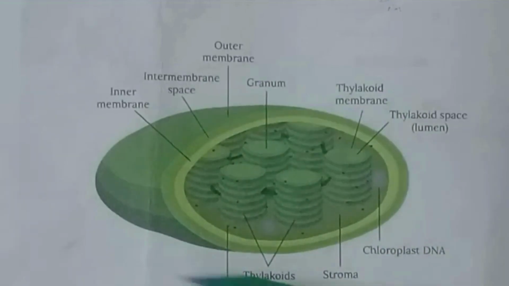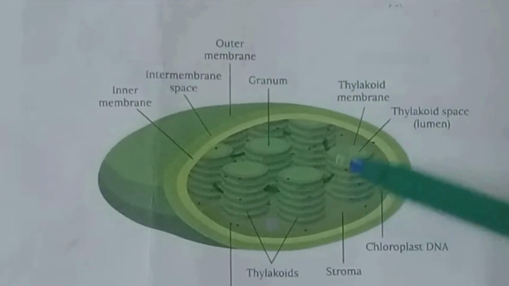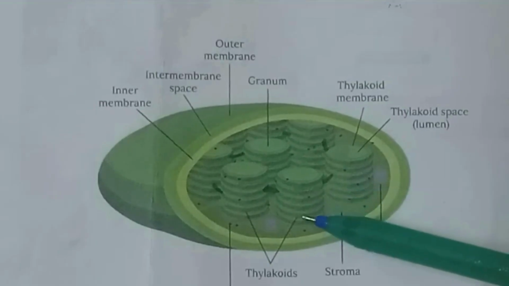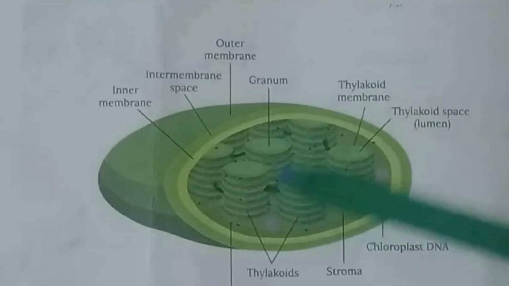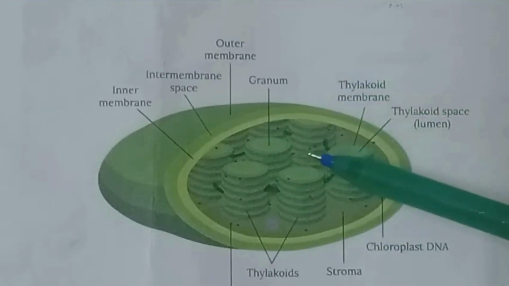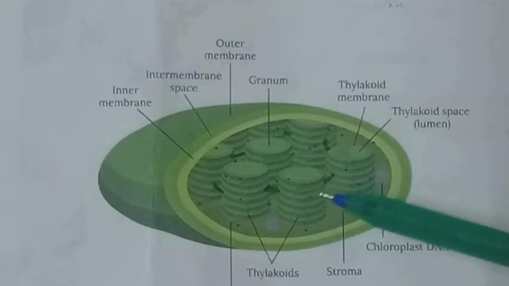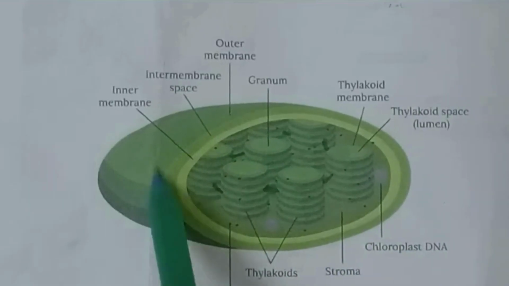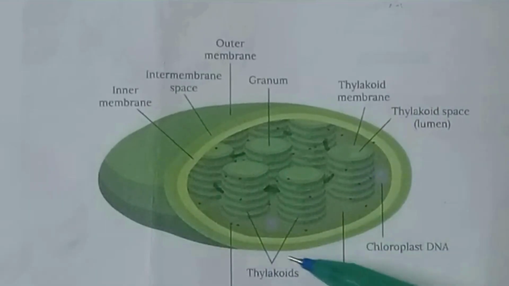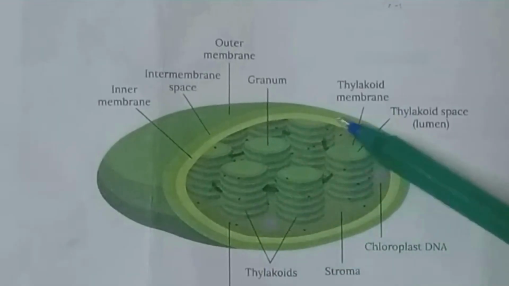These consist of 70S ribosomes, which are smaller than the cytoplasmic ribosomes. And these chloroplasts, as we already discussed, consist of pigments like chlorophyll, which trap light energy essential for photosynthesis. These perform photosynthesis, the light reaction in the thylakoids and the dark reaction in the stroma.